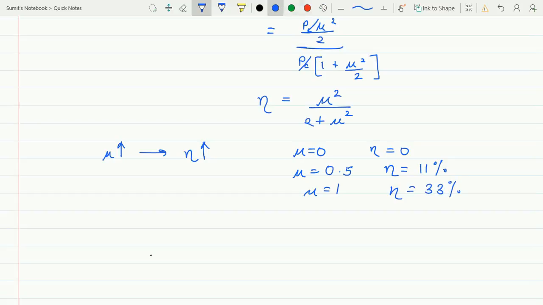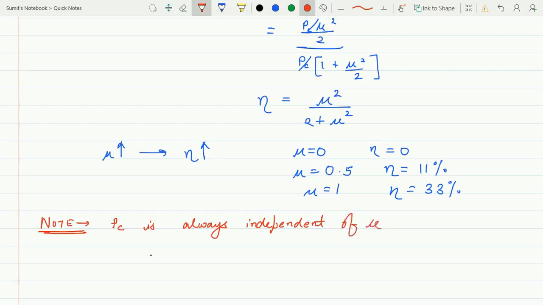Now an important note here: you should remember that PC is always independent of mu. Why? Because the total power depends on the modulation index factor, but the carrier power never depends on the modulation index.